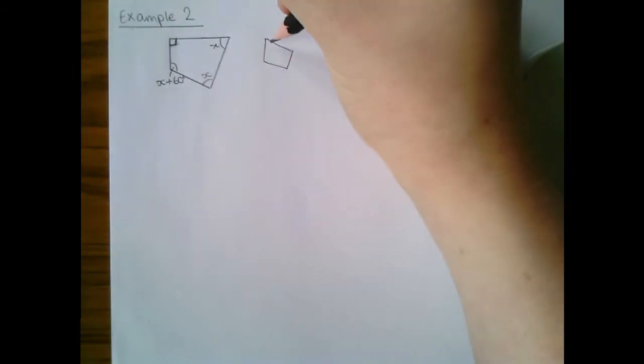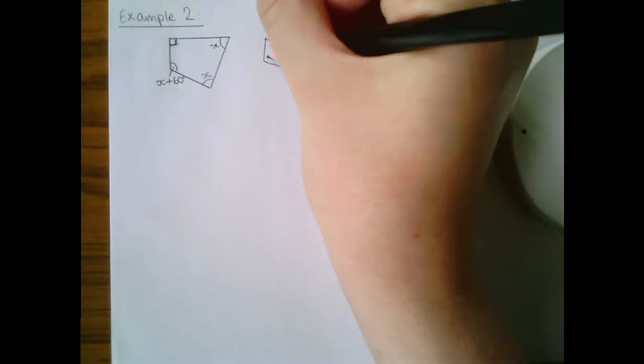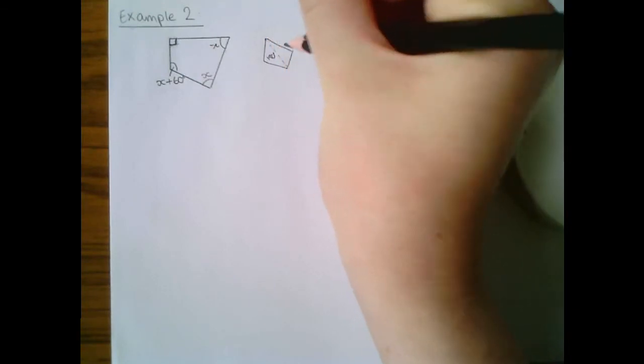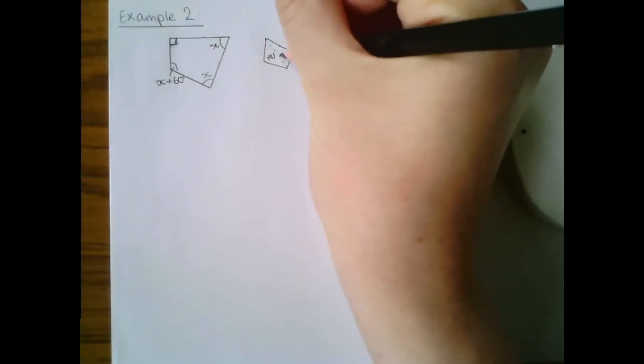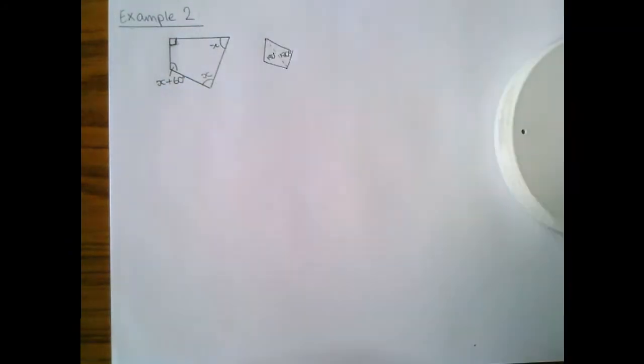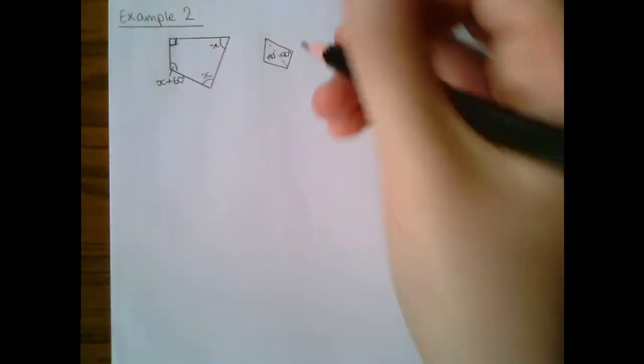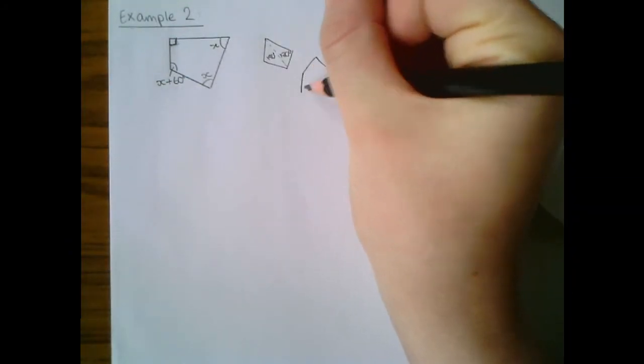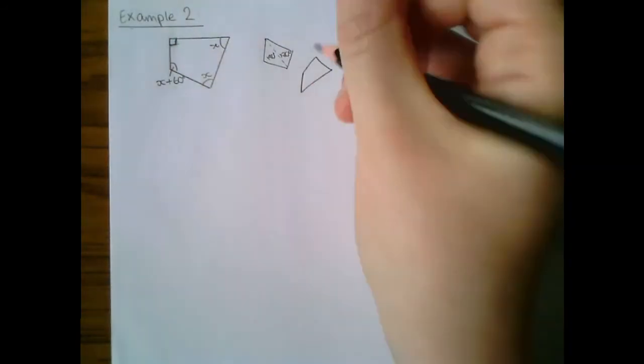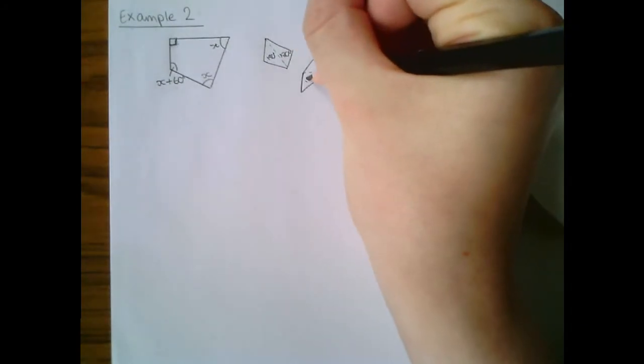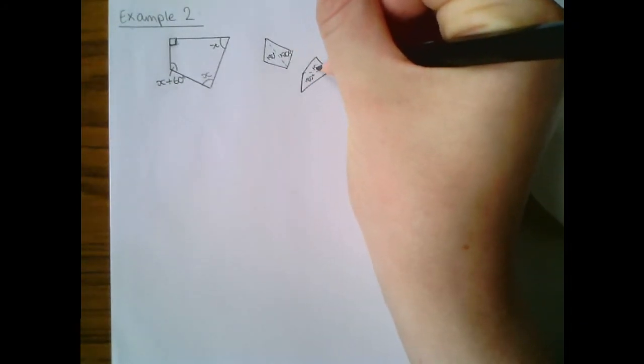I can split this into two triangles. We know that the sum of the angles in a triangle is 180 degrees, so two lots of that is 360. That is the same for any quadrilateral, so there's another 180 degrees, 180 degrees.